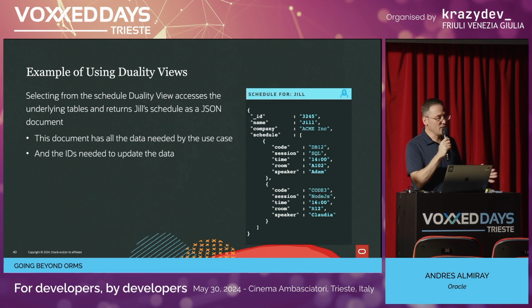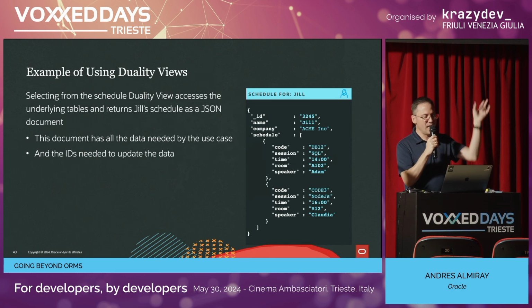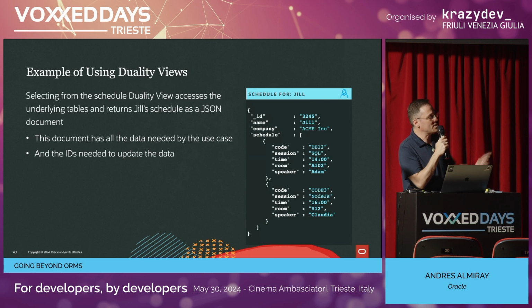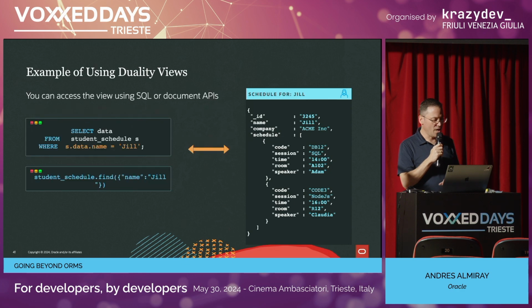So in the end, based on these relational tables that we have, so many different models that we have in our database, we can create a document like that one. Okay. We can use regular SQL calls to query through this data, or we can use document functions to query the data.